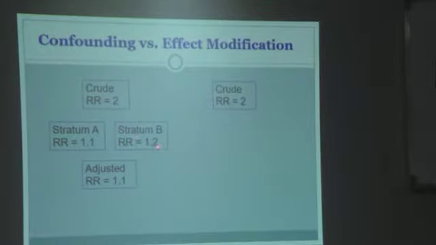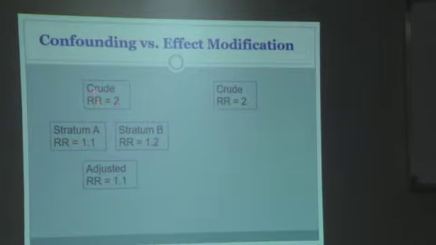Then we move to the next level and compare these with the crude, the unadjusted one. It is 2. 2 is different from either of these. Therefore, there is confounding. We move to do our Mantel-Haenszel adjusted measure, and we report this one, which is an adjusted measure. That is the concept of confounding. You present this one.